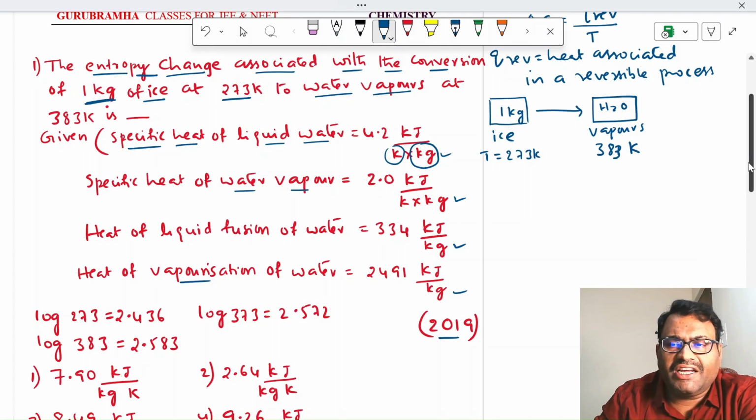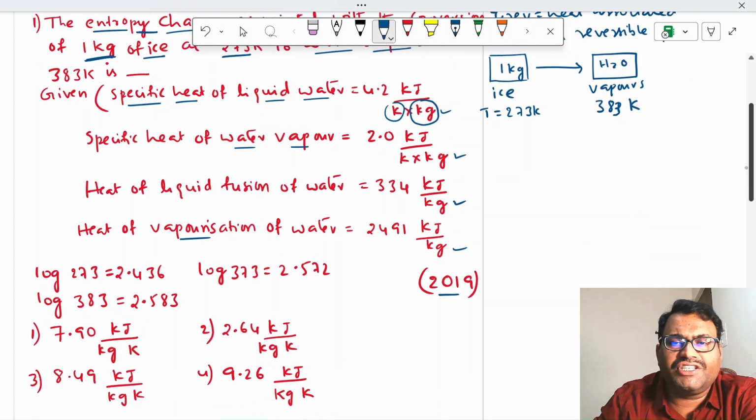To convert 1 kg of ice into water vapor, you cannot directly convert it, but there are several processes involved.